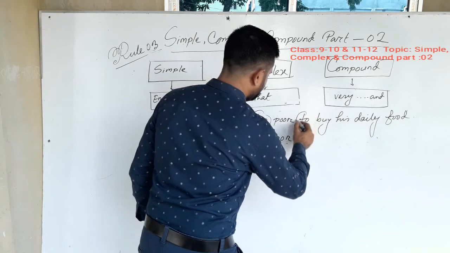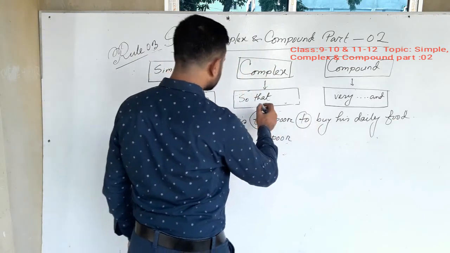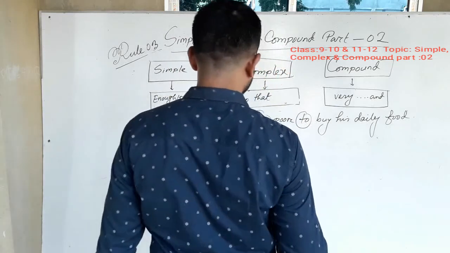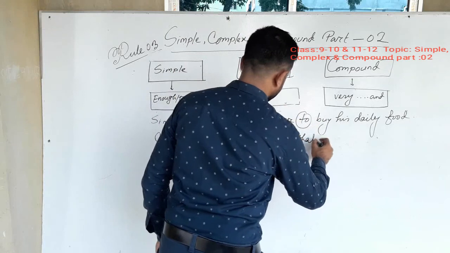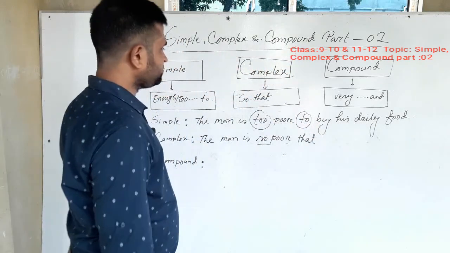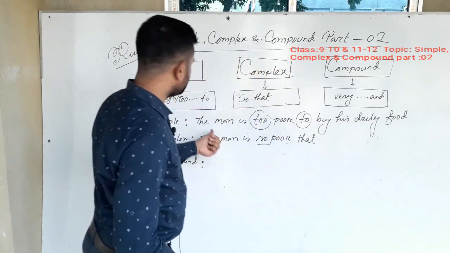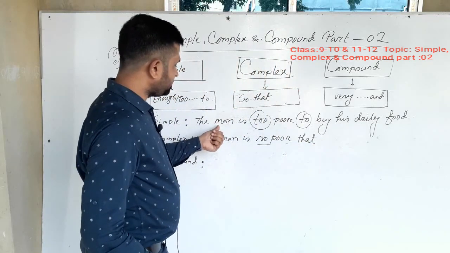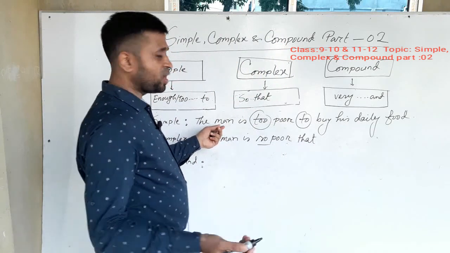And another, instead of "to", we can use "that". Now you should take a subject. This is the main subject, the man. Instead of "man", we can use the pronoun "he".